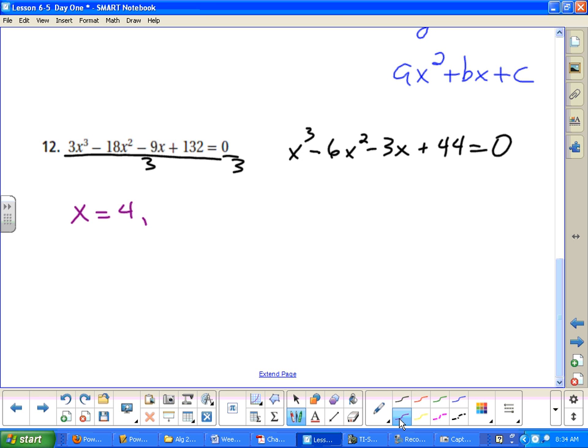Okay. So we know that the only integer zero that I can really use is at 4. So then I'm going to use this zero at 4 to reduce this cubic polynomial to a quadratic, to where then I can do synthetic division, or to where I can use the quadratic formula then. All right, so we're going to use the 4 and do synthetic division.